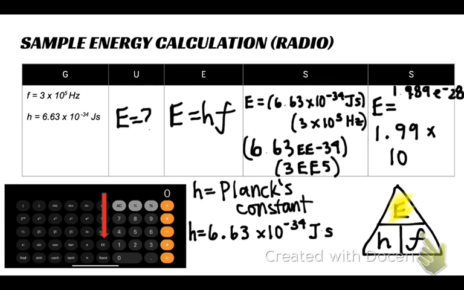So I would write this as 1.99 times 10 to the negative 28th, and then the SI unit of energy is joules. So this would be my final answer that I'm going to plug into the far right column of the electromagnetic experts chart.